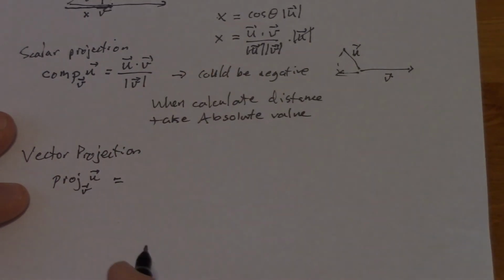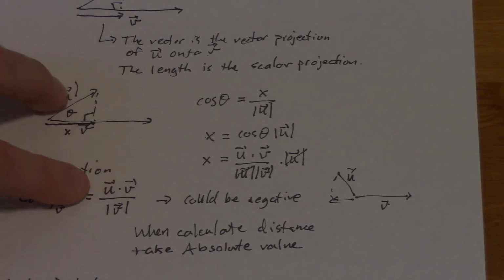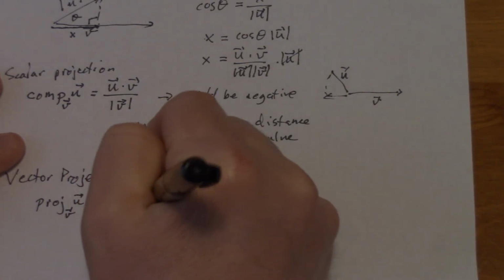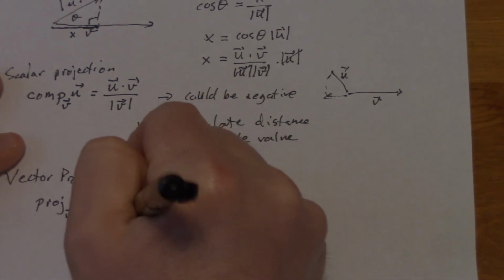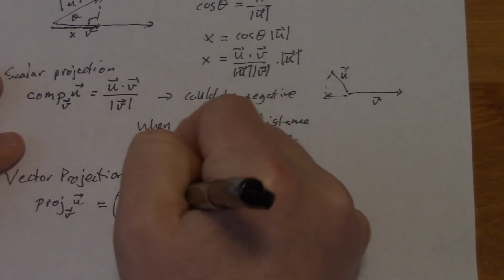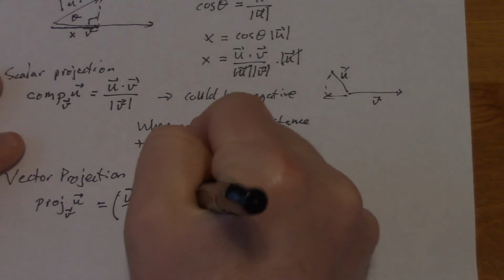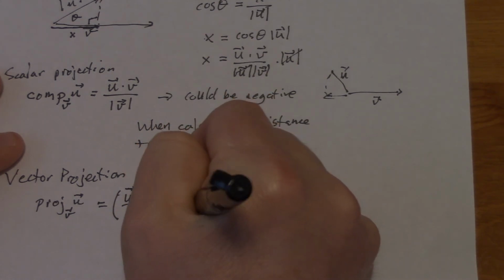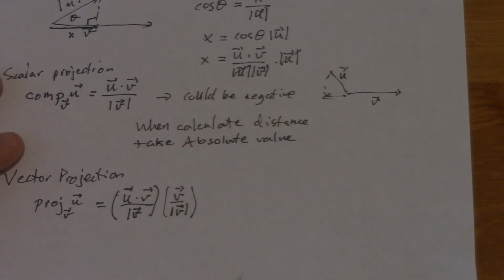It's the length that we just calculated, so u dot v over magnitude of v, and that's going to be multiplied times a unit vector in the direction of v. So remember, this is how we find the unit vector in the direction of v.